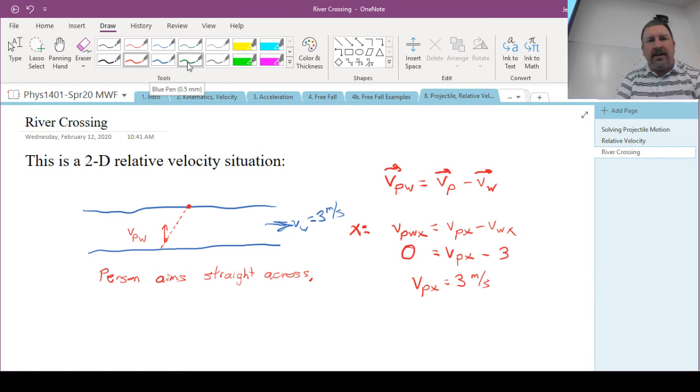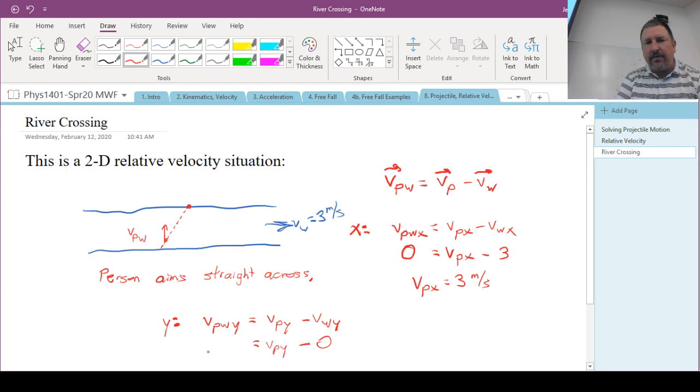And then in the y direction, v person water y is equal to v person y minus v water y. So this is the 0 in the y direction in this scenario. And what we find is that if the water's in the x direction, the water doesn't affect their y direction velocity.